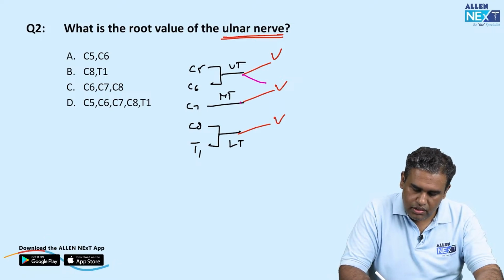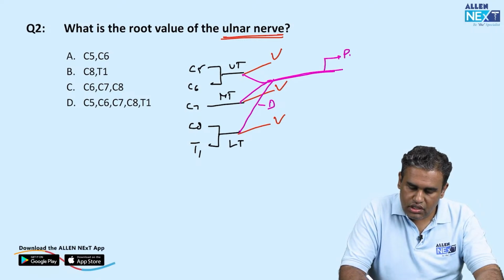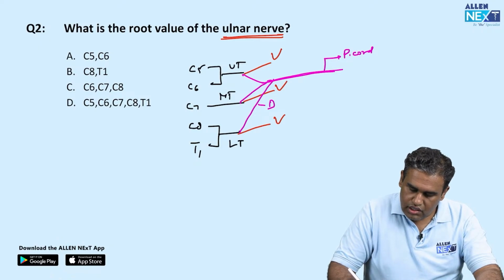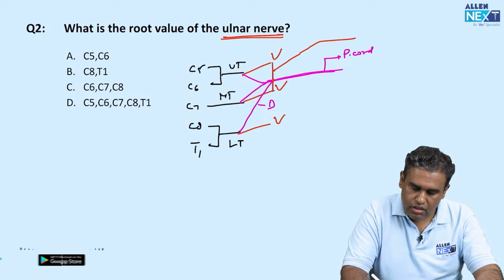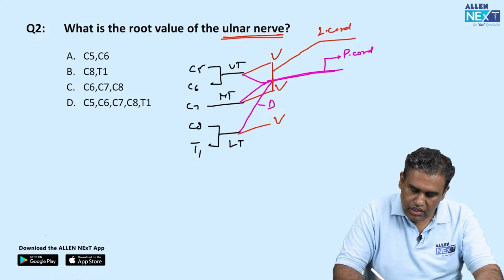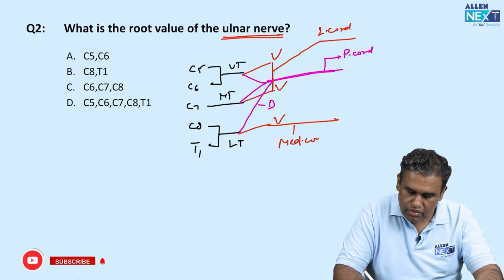All these dorsal divisions form the posterior cord. The ventral divisions of the upper and middle trunk form the lateral cord. And the ventral division of the lower trunk forms the medial cord, right?